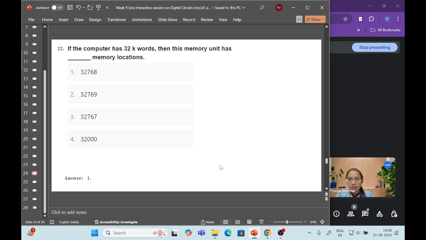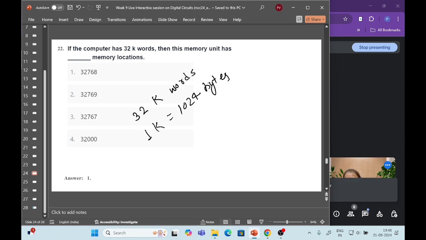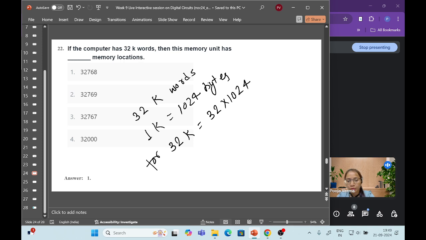Next question is, if the computer has 32K words, then this memory unit has how many memory locations. If a computer has 32K words, already we know that 1K is equal to 1024, right? For 32K, that is 32 into 1024.